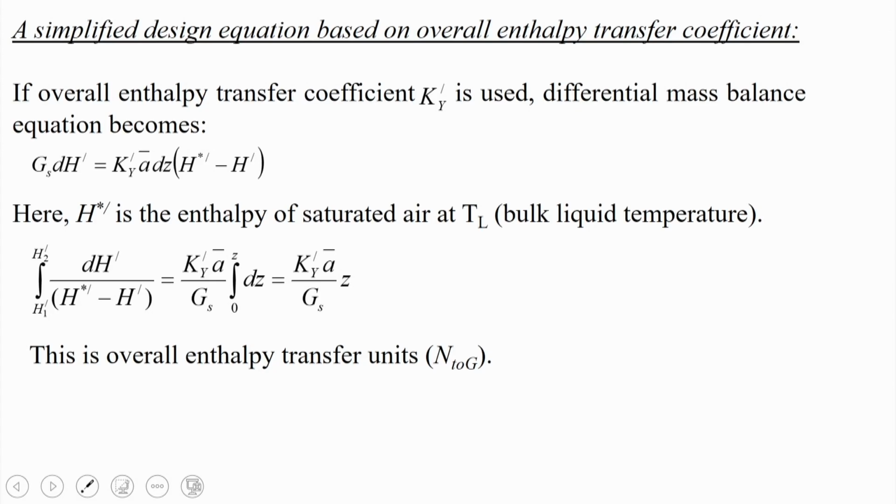Then we get the same Merkel equation: if we integrate dh' by (h*' minus h') from h_1' to h_2', we get K_y' a bar by G_s times the integral of dz from 0 to z, that is K_y' a bar by G_s into z. This is the overall enthalpy transfer unit, NTOG.